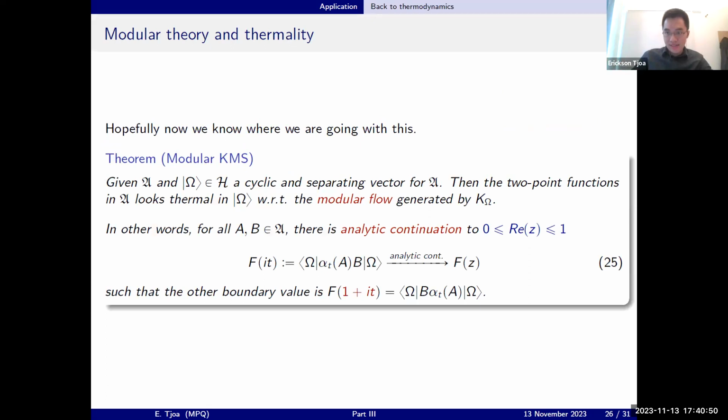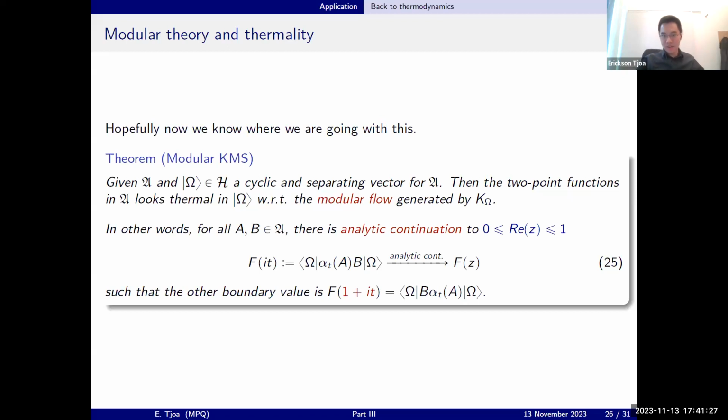And the last one is all we need to do this, which is that the theorem is called the modular KMS condition, which shows that if I have a cyclic and separating vector and I have the local algebra, then the 2-point functions in the algebra are going to look thermal with respect to this state if you use the modular flow generated by K. That means if you take H to be the modular Hamiltonian and omega is a cyclic and separating vector, then to a local observer with algebra A, this state actually looks thermal.